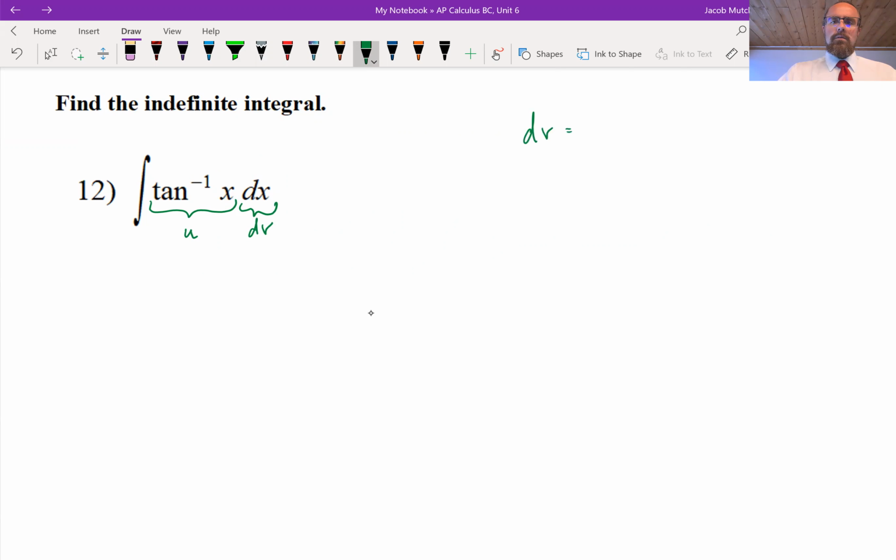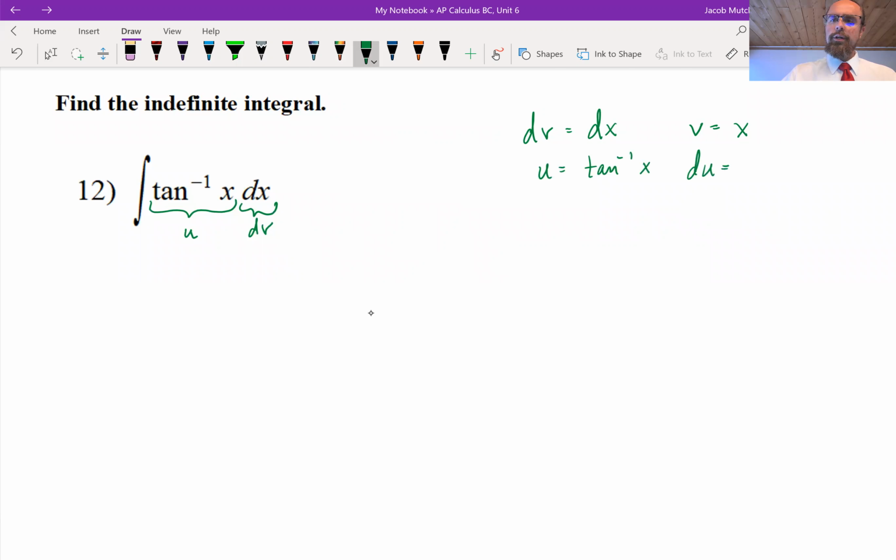So we'll approach it just like we've done in our first three examples. I need to integrate here, so v is going to be just x. And then for my u, that's going to be the inverse tangent, and that I need to differentiate.